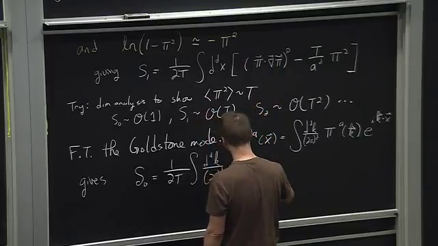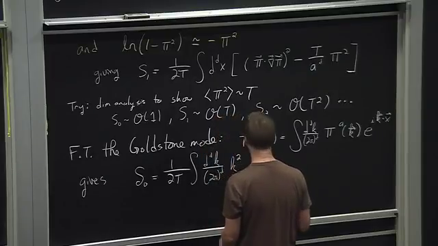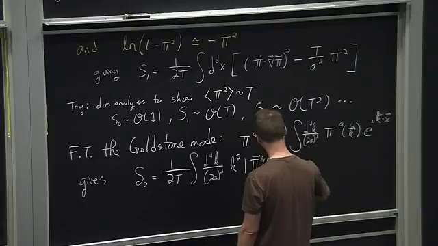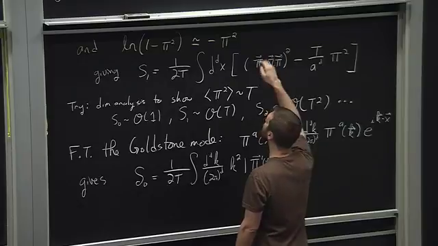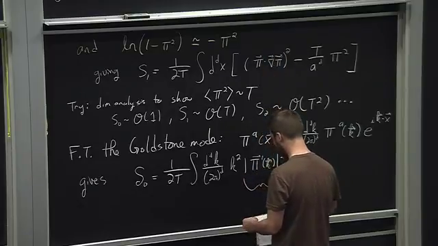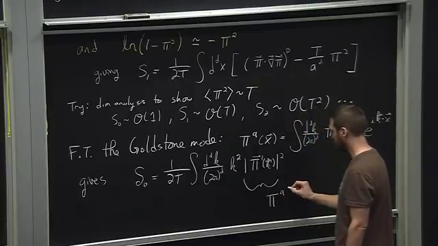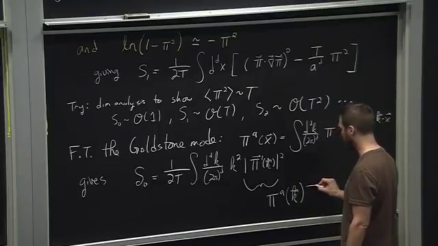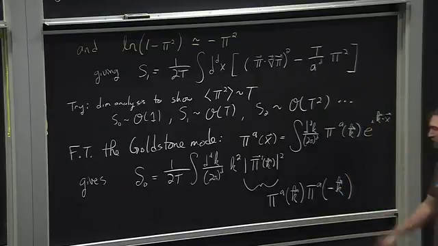That derivative squared, each one pulls down a k, remember? So that's why I have k squared, and then I can just write pi, k squared, where this thing, remember shorthand for, I would write it like k and pi a and minus k, which is constrained by the delta function.